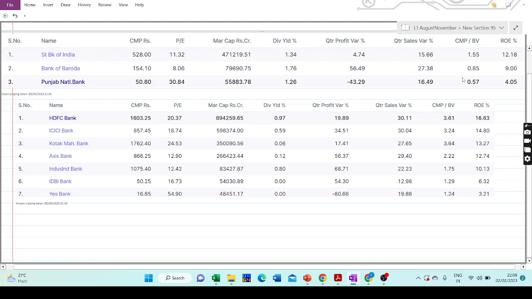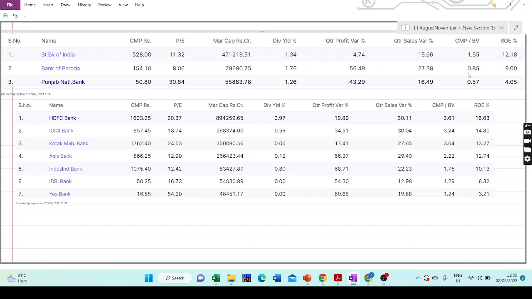Now, if someone looks at the price to book value of Punjab National Bank in isolation, he will see that, oh God, it's less than 1, right? How will you interpret a price to book value of less than 1, guys? The market value is less than the book value of the share.